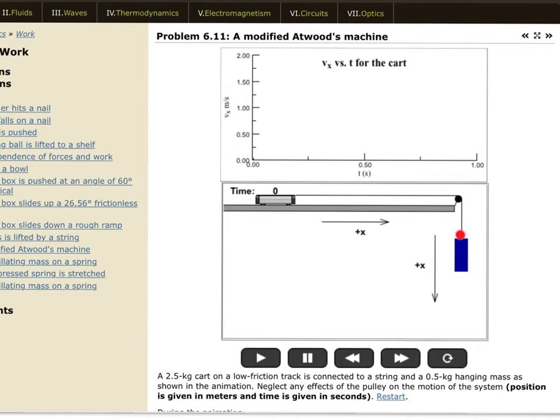The hanging block starts with a kinetic energy of 0, and the energy that's lost to supply that kinetic energy is the energy of the falling mass. So in terms of conservation of energy, we have work by non-conservative forces equals the change in kinetic energy plus the change in potential energy.